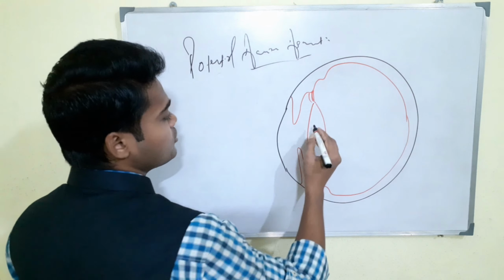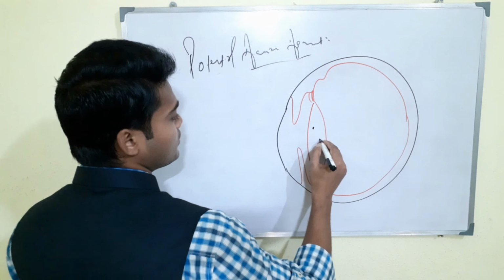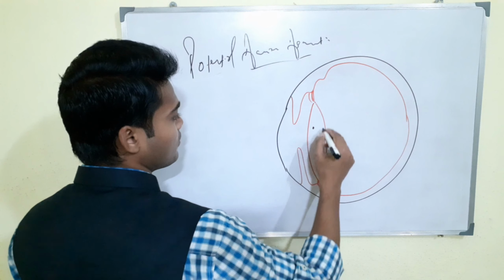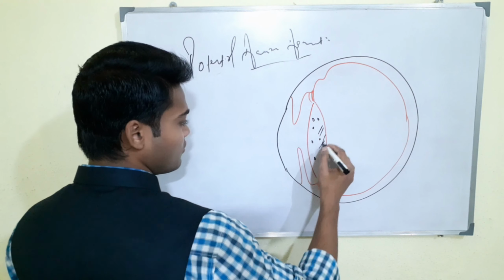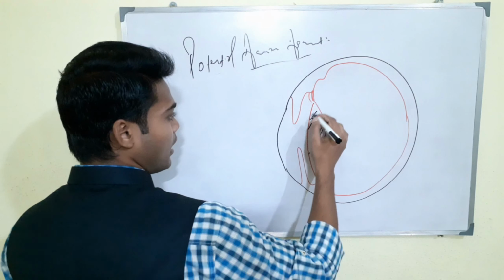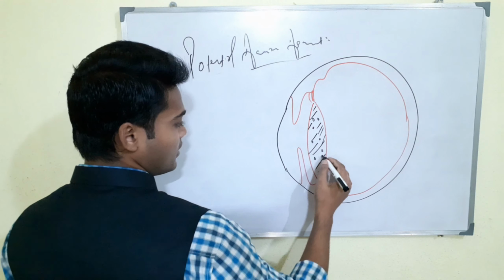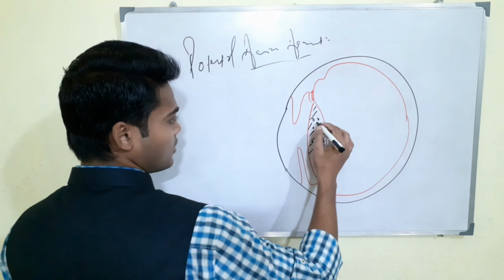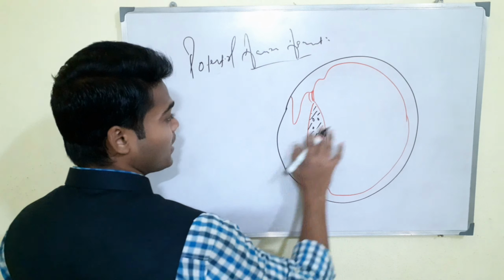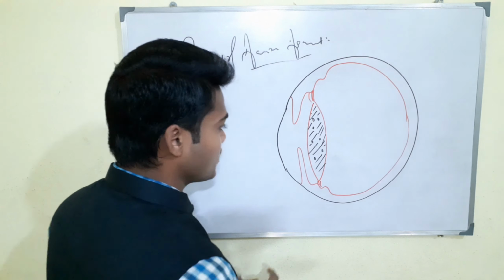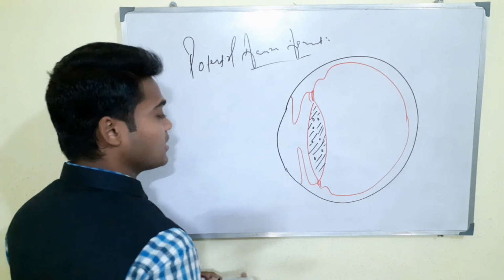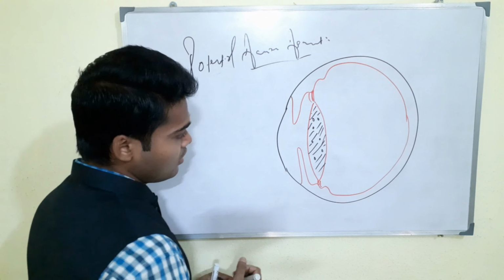Just assume this is a cataract, meaning the whole part is involved, and only a few parts are still able to pass light to form the retinal image. Just assume this is a case, a cataract.